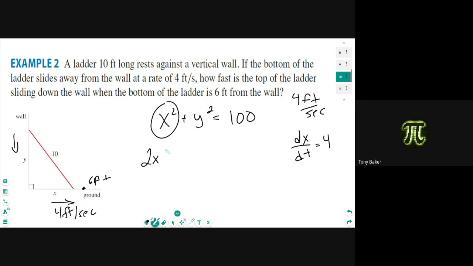And we have to multiply it by dx over dt, because it's the derivative of the x, because that x is a function in terms of t. Does that make sense or no? So imagine instead of it written like this, it was this squared.